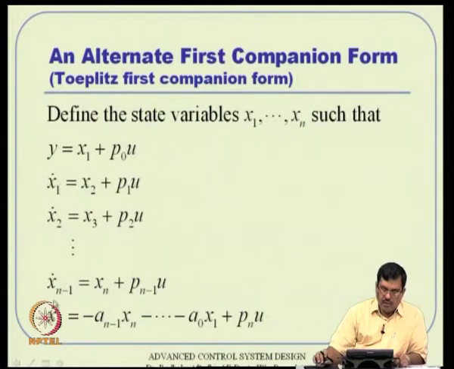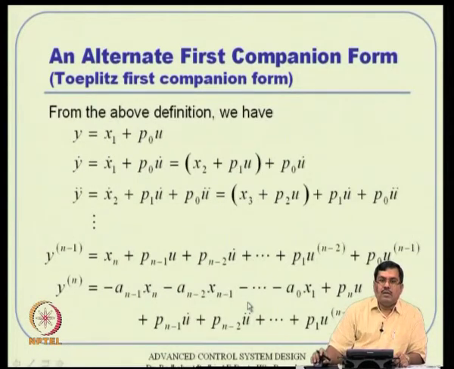These are all state equations. Remember, if I somehow know p0 up to pn, then I am done, because this is my output equation and these are my state equations, already known to me in a way. So, it is my task to get these constants p0, p1, p2 up to pn, that is the task.